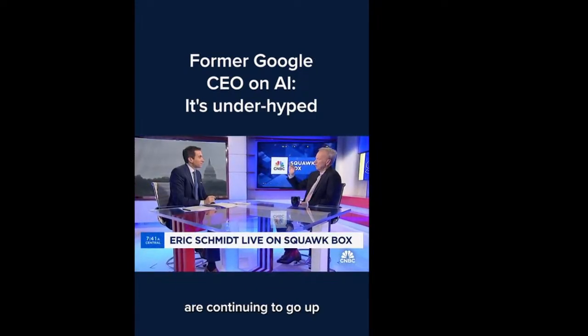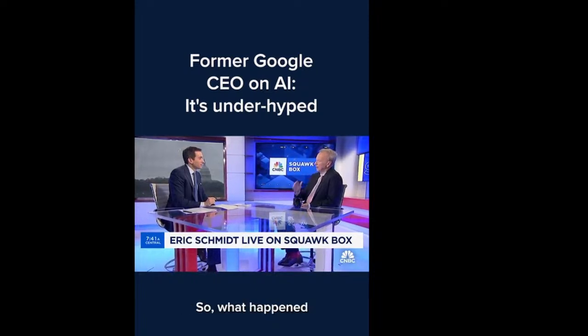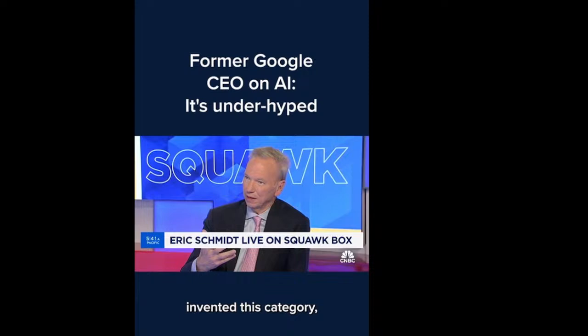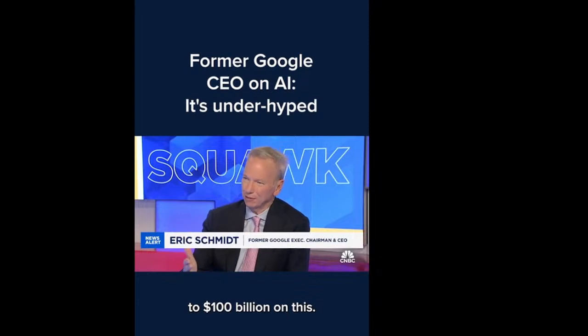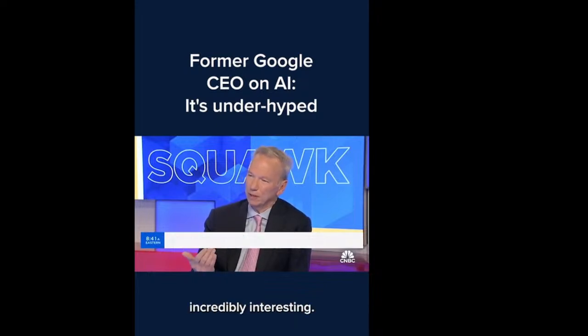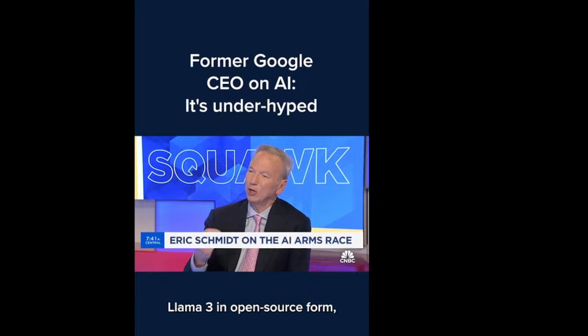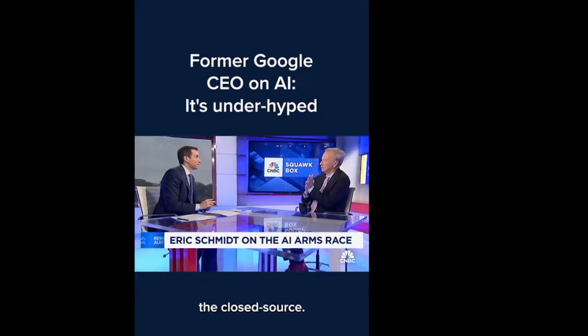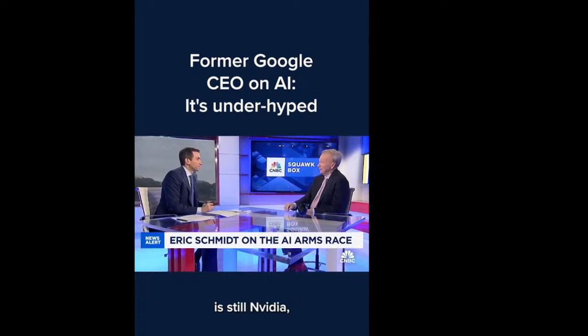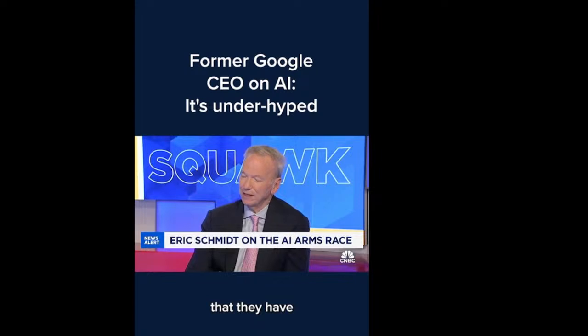With their Microsoft partnership, they're going to spend $30 to $100 billion on this. Google invented it and then was a late arrival, now is in the game. I'm assuming the numbers are similar. You have other entrants that are incredibly interesting. For example, Meta has just released a 400 billion model called Llama 3 in open source form, which allegedly is as close to GPT-4, which is from a year and a half ago. So the open source industry is following the closed source. The big winner right now is still NVIDIA. And the reason is that they have a virtual monopoly on the software stack between the hardware and the software that everybody's using.